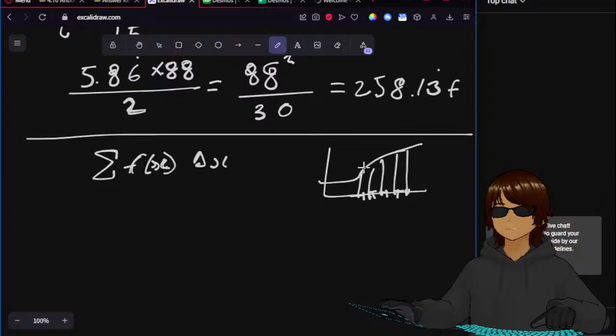So f of x, let's say it's from this endpoint, f of x times this interval, f of x times this interval, f of x times this interval. Or even let's say it's from this point. So it's basically delta x.